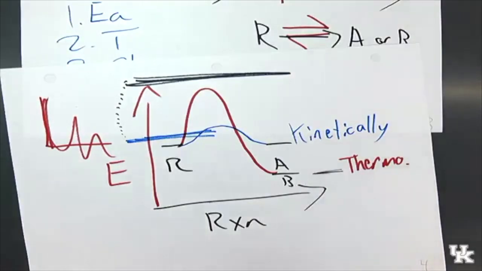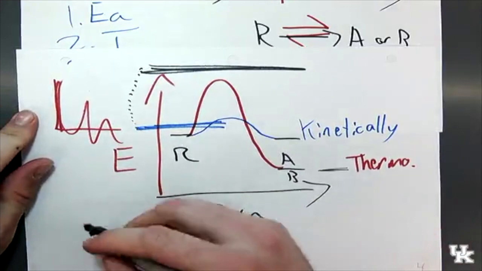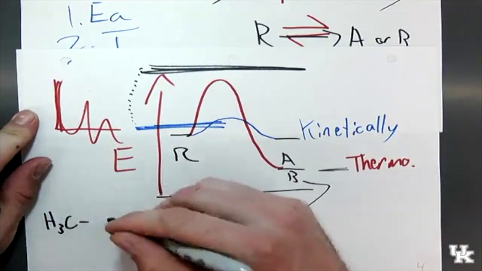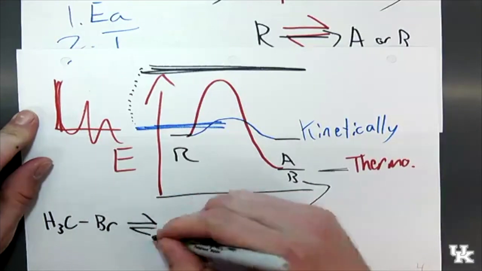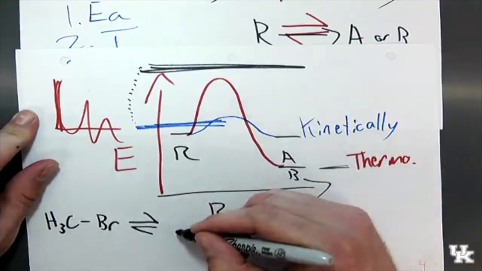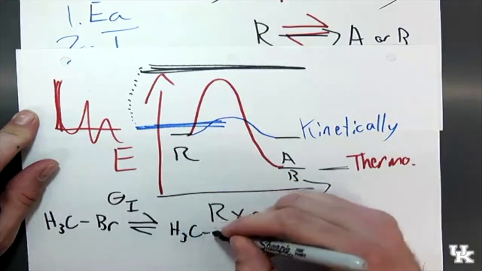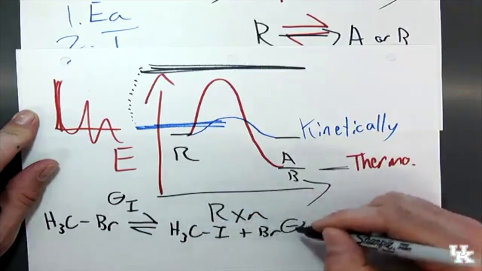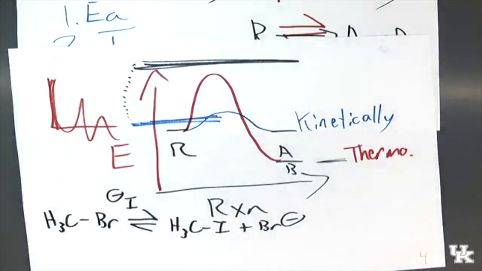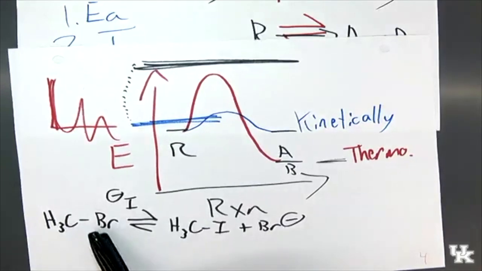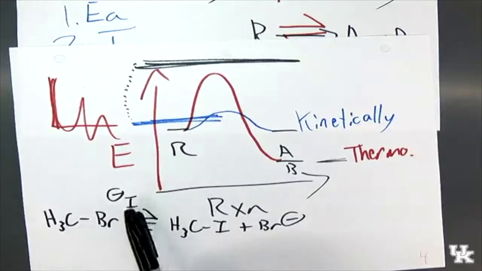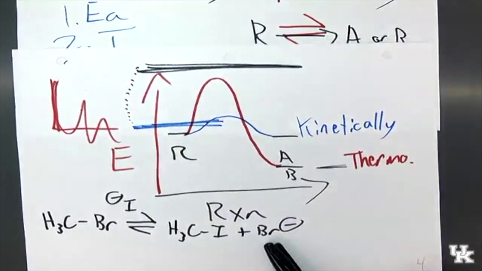And what this means is, let's say you have a very simple nucleophilic substitution reaction, which you'll learn about, don't worry, which is this methyl bromide being attacked by iodide, leaving you with methyl iodide and a bromide anion.